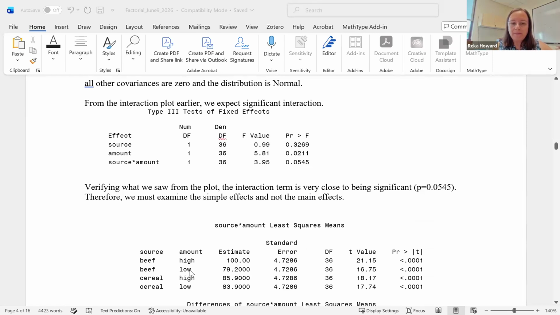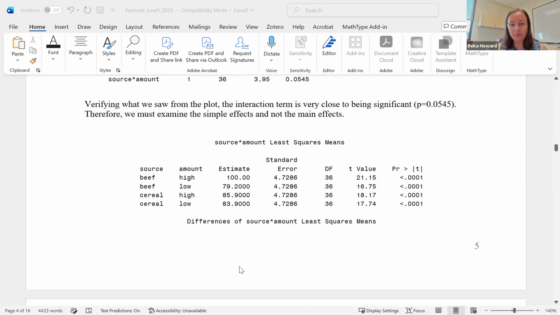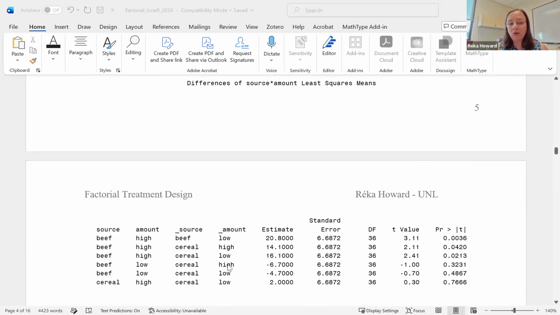So this table just gives us the mean estimates for the different combinations that we saw in the table. So don't worry too much about it. But then any software that you are using will give you the differences.